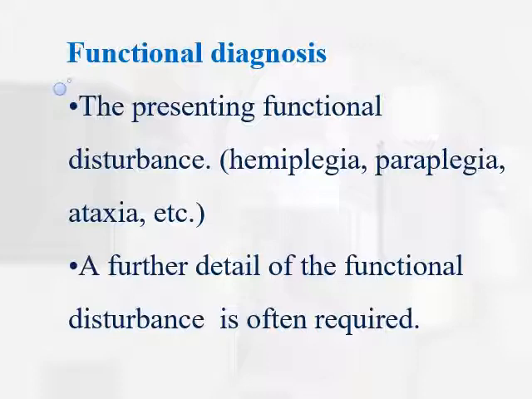The patient has weakness of the right upper and lower limbs, so the functional diagnosis is hemiplegia. The patient has weakness of both lower limbs, so the functional diagnosis is paraplegia.